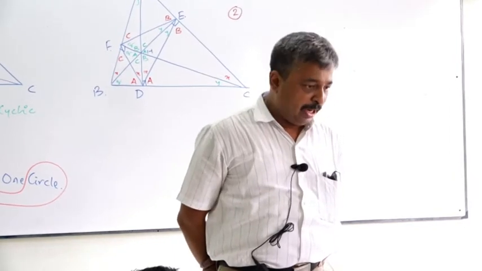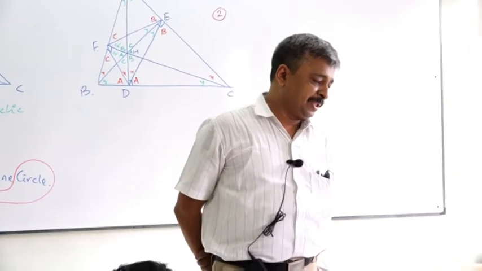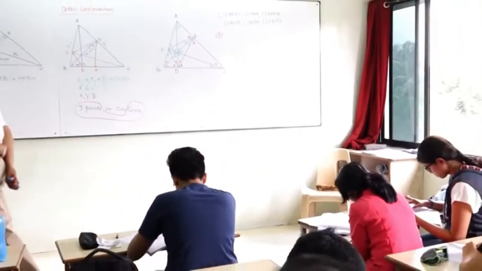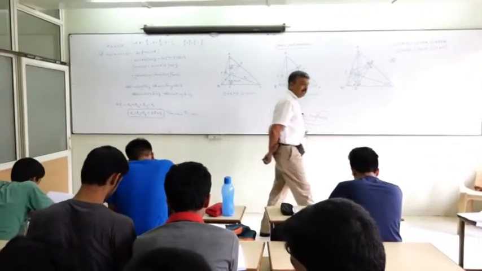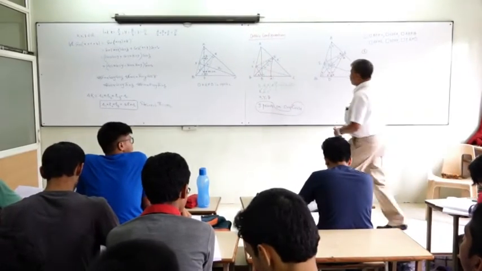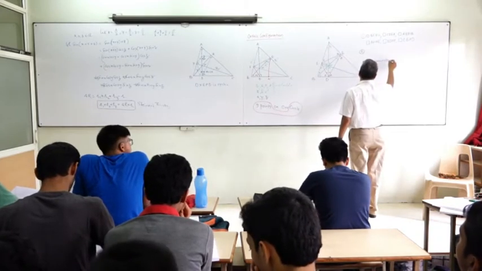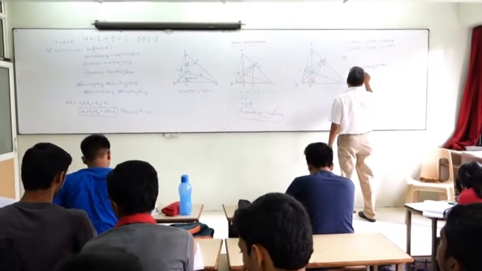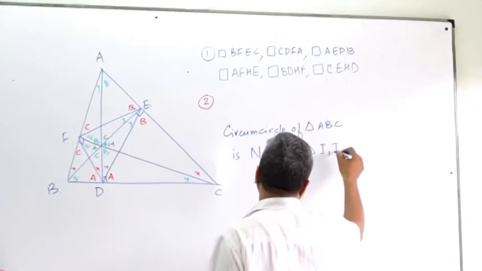Because that is the circle passing through feet of altitudes of I1, I2, I3. If a circle is passing through ABC, that means it is passing through feet of altitudes of triangle I1, I2, I3, and hence it is a 9-point circle. So, the statement is circumcircle of triangle ABC is the 9-point circle of triangle I1, I2, I3.